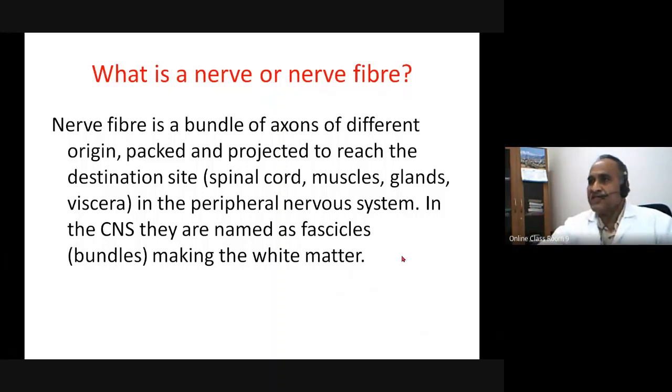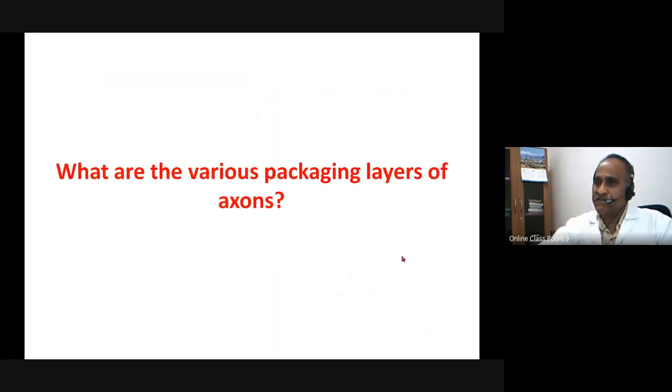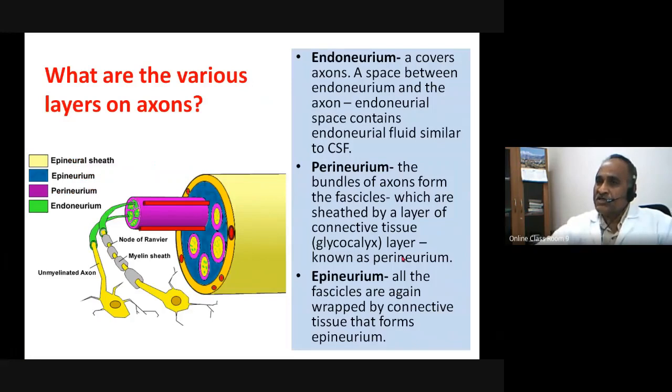Now, repeating again, a nerve fiber is a bundle of axons, packed and projected. What are the various packaging layers of the axons? In this picture, I have two nerves.